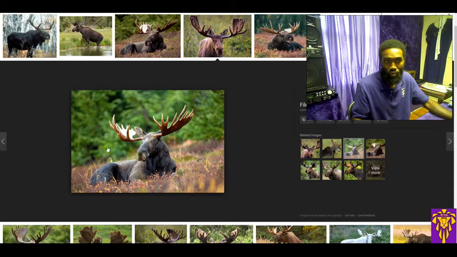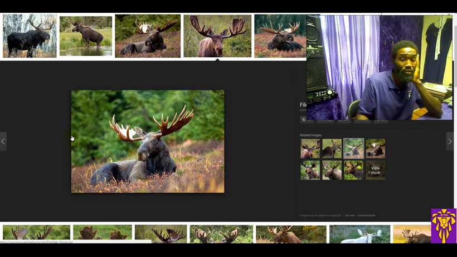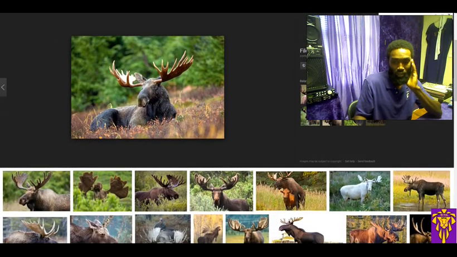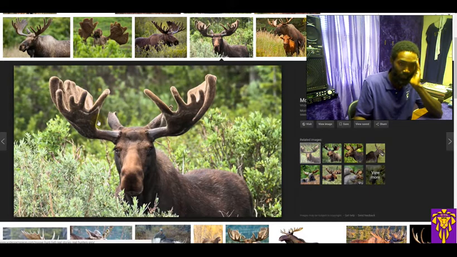This is the moose. Like I said, I'm surprised these animals are still around because I believe these mooses were on the extinction level. I'm surprised they're still around, man. Moose. Look how big those horns are. Giant horns, man. Look at them. Puts you in the mind of deer antlers, but moose antlers are a lot thicker.